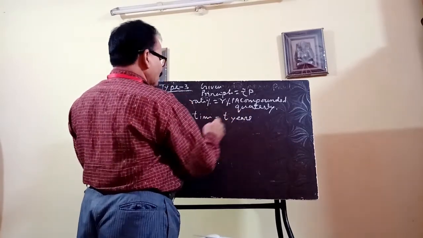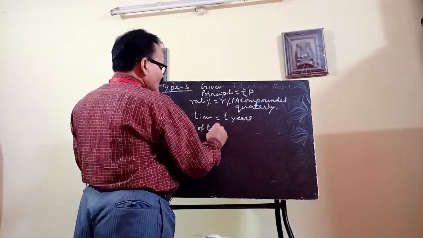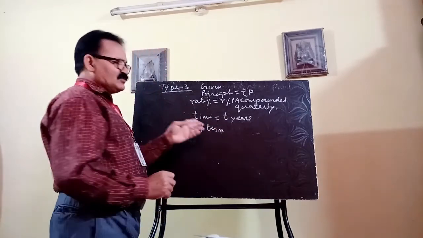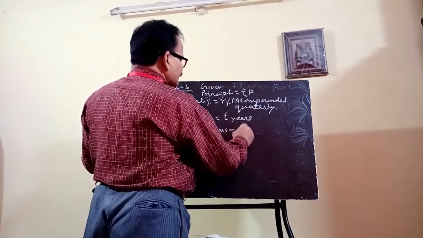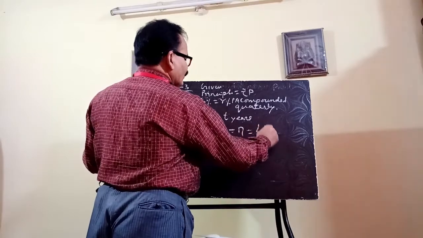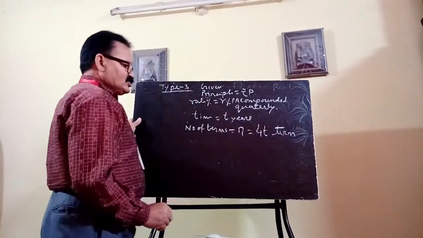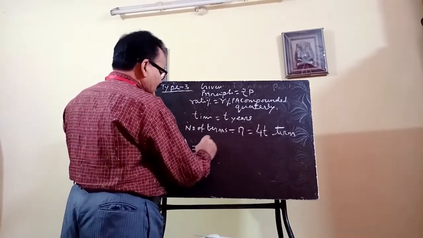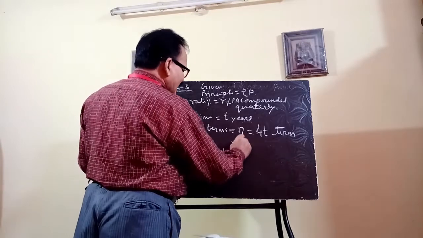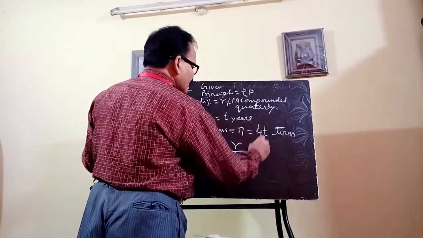Then again you have to find out the number of terms, how many terms in the stipulated time the interest has been calculated. Number of terms n is your 4t. So in this case, your amount can be calculated by P into 1 plus R by 4 into 100 to the power n.